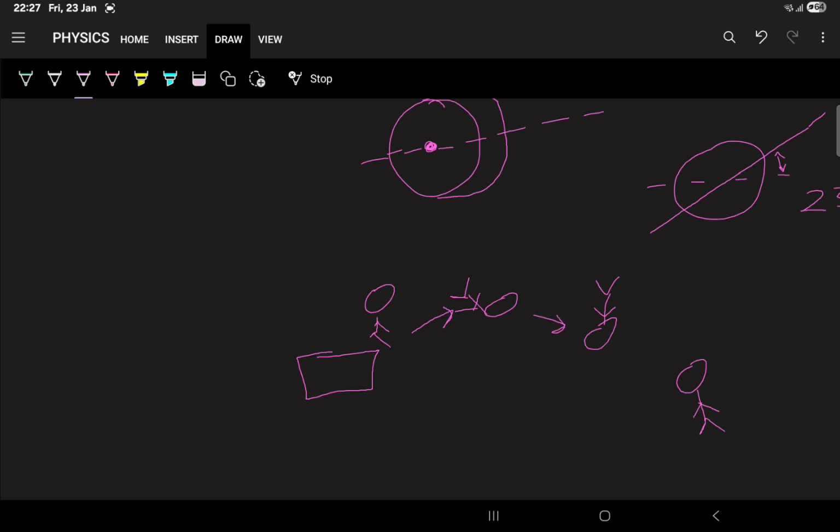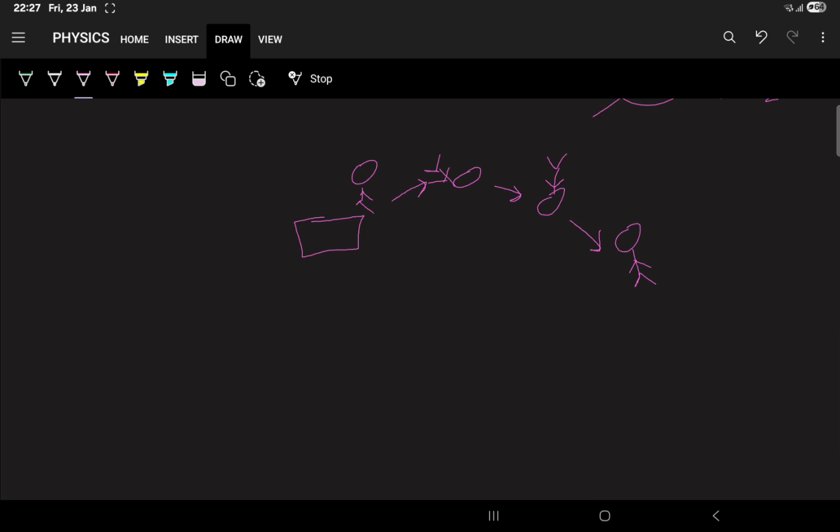Something like this. So this is an example of a rotational motion.